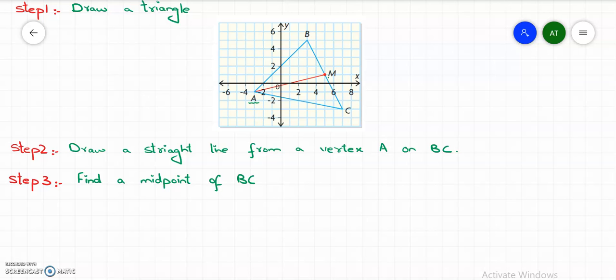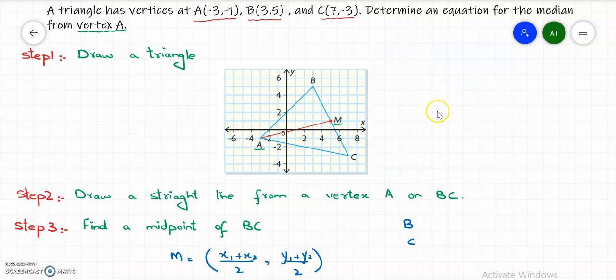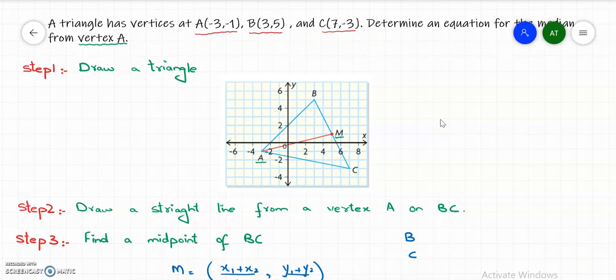So the midpoint of BC is basically a point M. So let's find out the midpoint. The midpoint formula is M equals x1 plus x2 divided by 2, comma, y1 plus y2 divided by 2. We have points B and C. Point B is 3 and 5, and point C is 7 and -3.